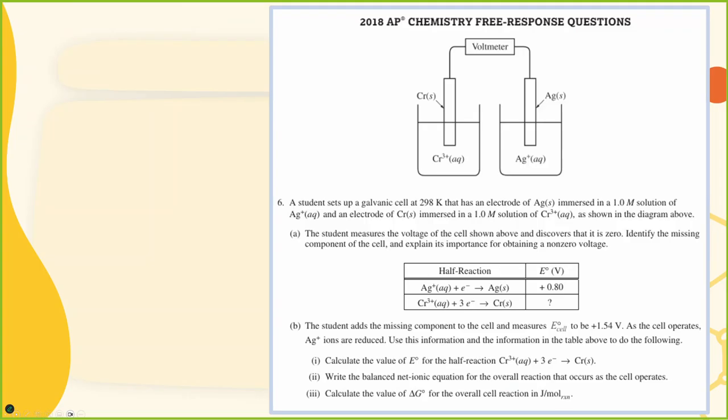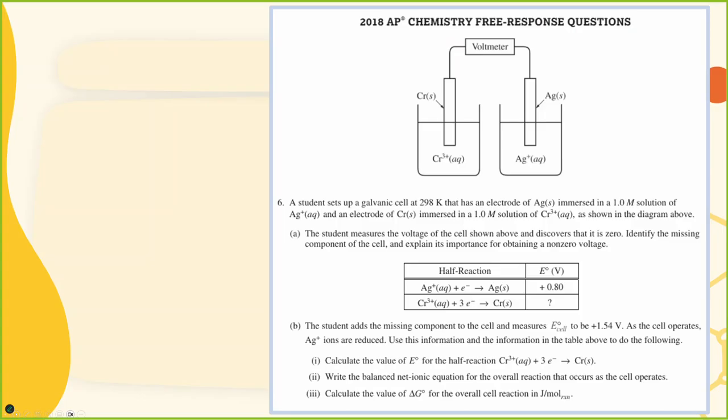Okay, so FRQs. Here we're going with FRQs. You have the galvanic cell, 298, 1 molar solution, everything's at standard. Electrode of chromium, electrode of silver. Student measures the voltage of the cell, discovers that it's 0, identify the missing component.